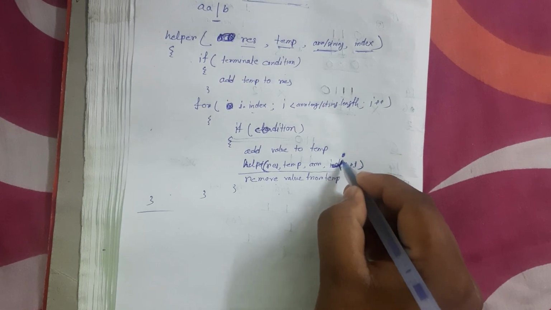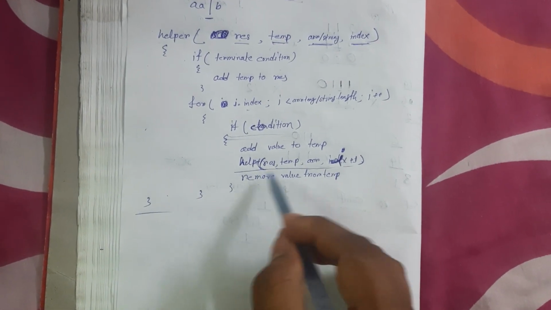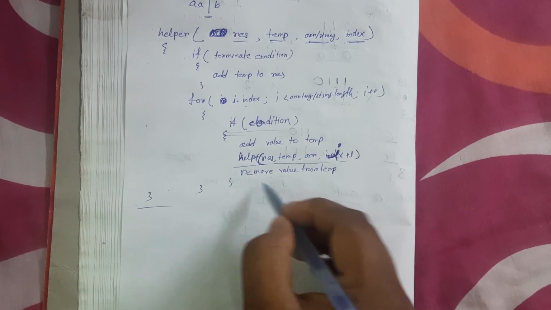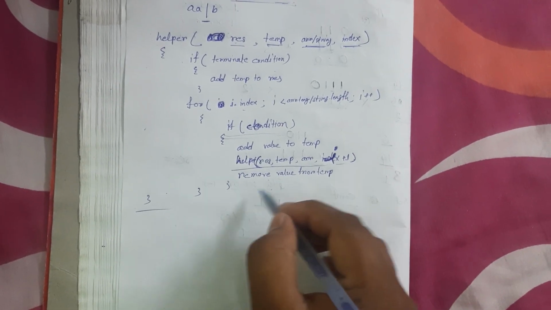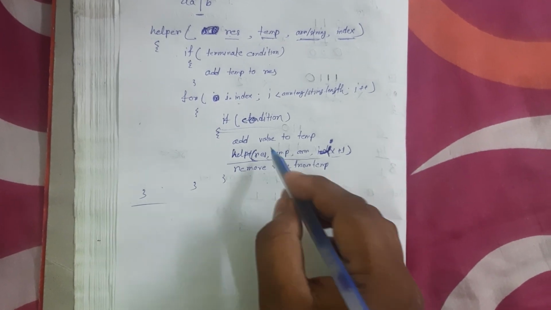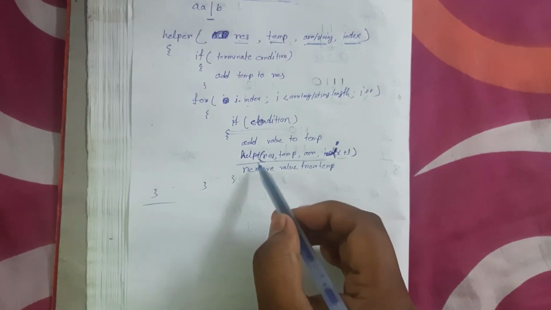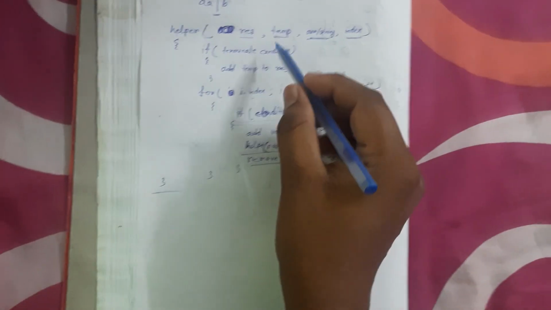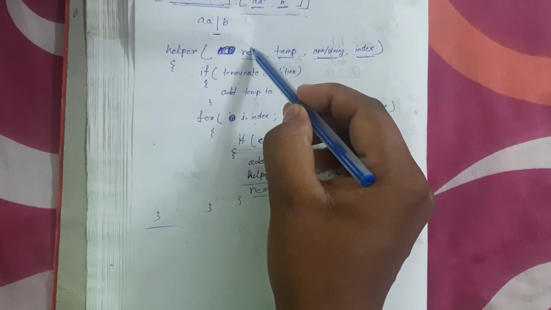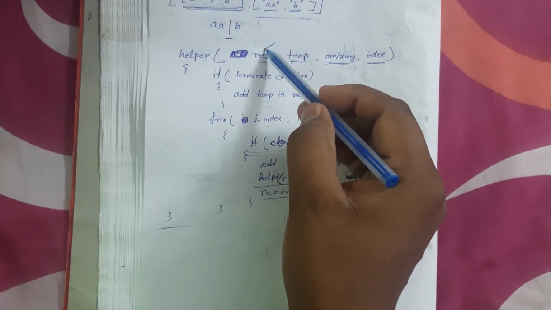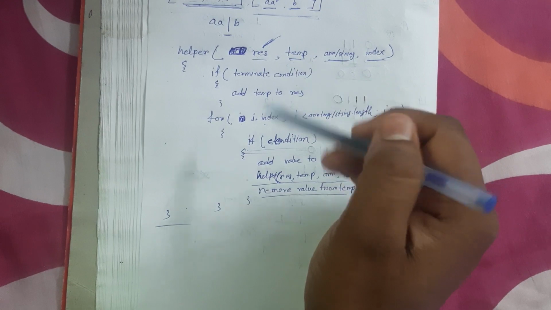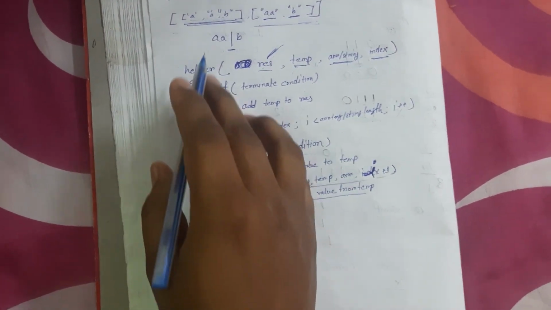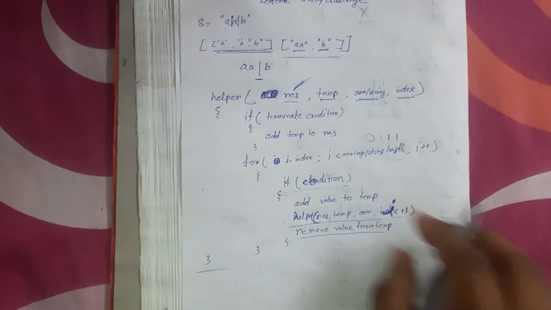Then we need to backtrack again. For backtracking we need to remove that value from the temp list. After all this iteration, the answer will be in the result list. Now with this template I can write down the solution of Palindrome Partitioning.